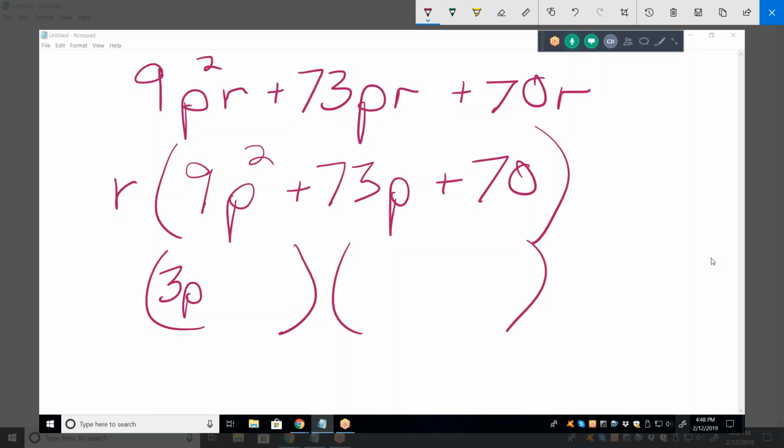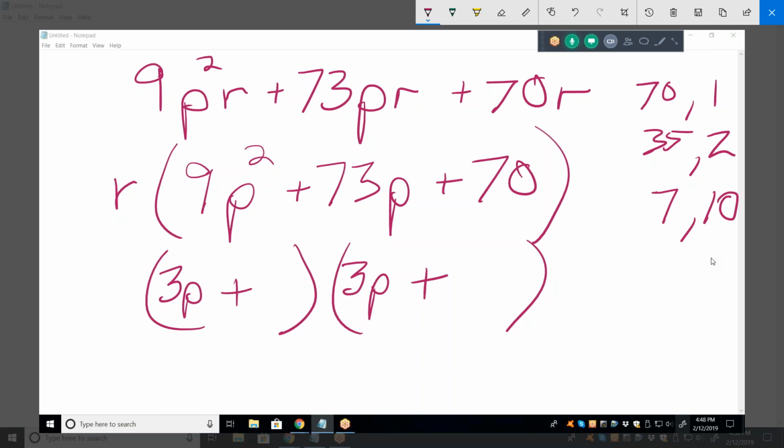Not necessarily the answer, but that's what I'm starting with. What are both signs? Both signs are positive. Now, if I look at 70, I can't cut 35 in half. I can't cut it in thirds, but I can cut it in fifths.